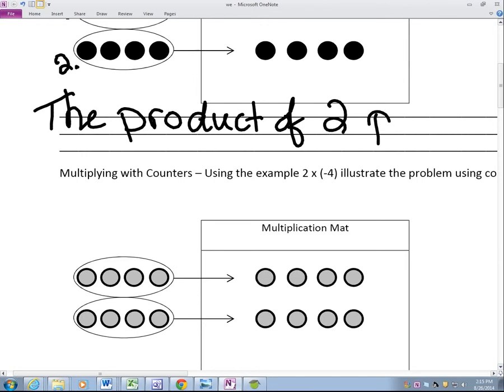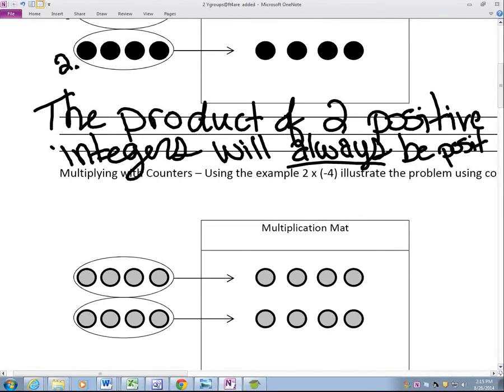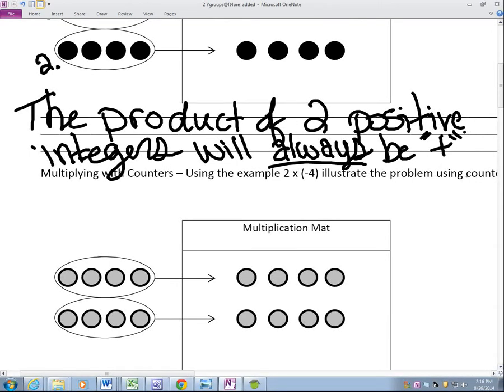The product of 2 positive integers will always be positive.